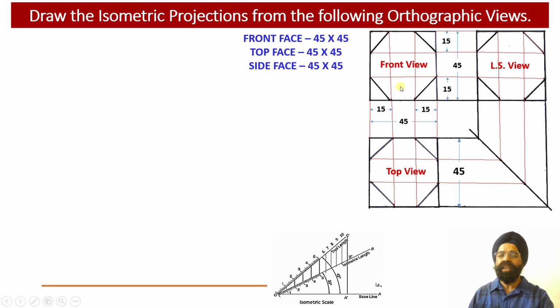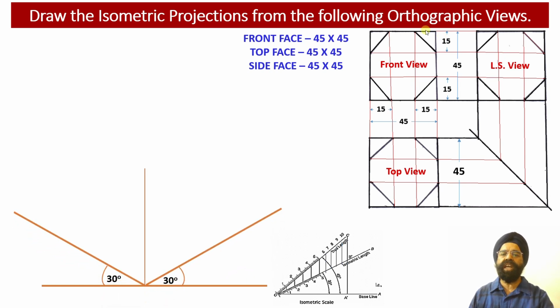As we know, this is a symmetrical object that we are required to obtain in the isometric projections. Since the length, width and the height of this particular solid are equal to 45 millimeter, all the three faces, that is the front face, top face and the side face, will be square faces measuring an edge length of 45 millimeter.